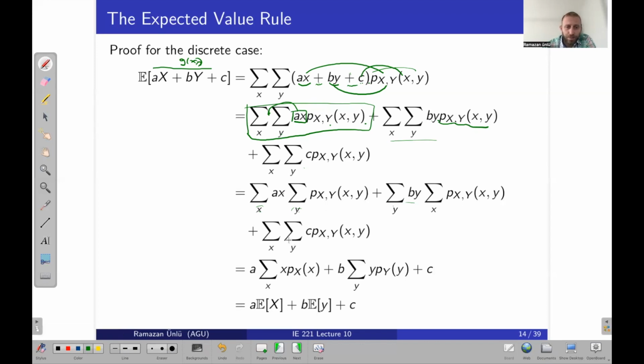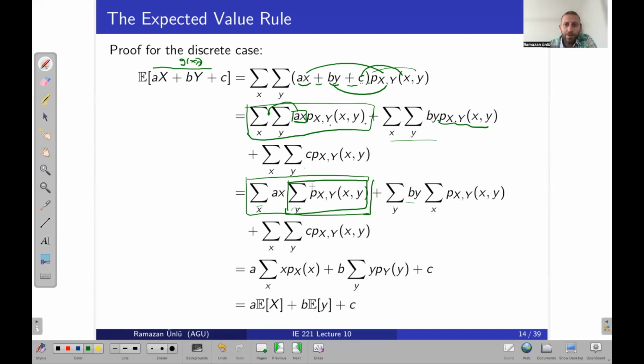Okay, so let's look at this guy first. How can I make it more simple? What is this guy, the inside, the second summation? Here, I fixed the x values and I did the summation for all possible y values, right?